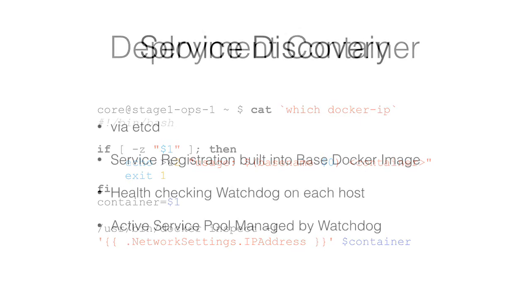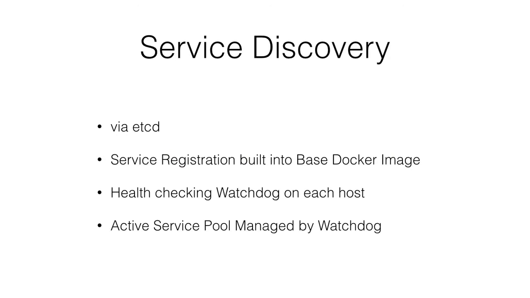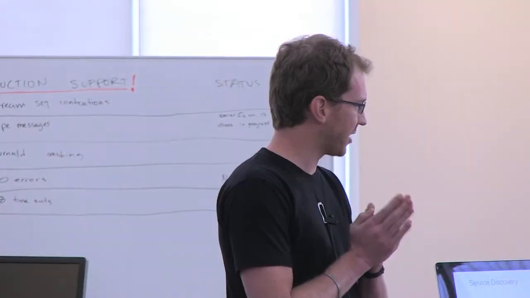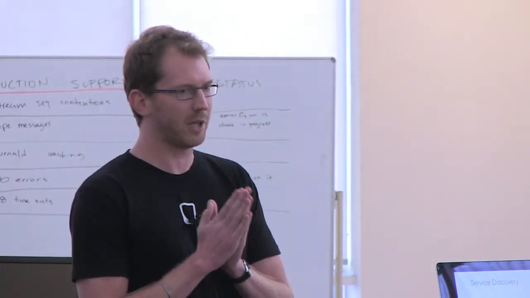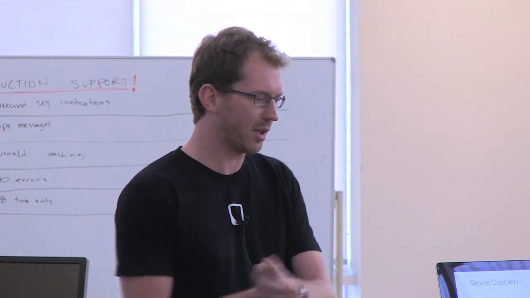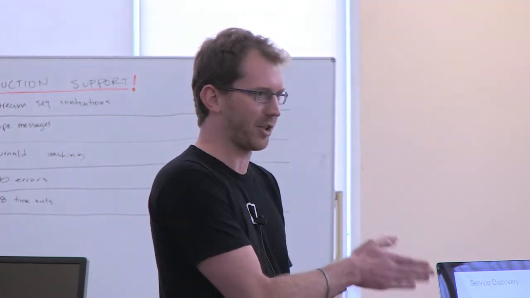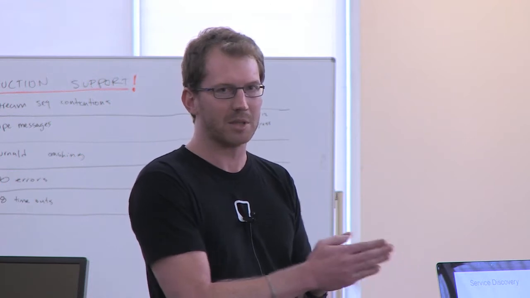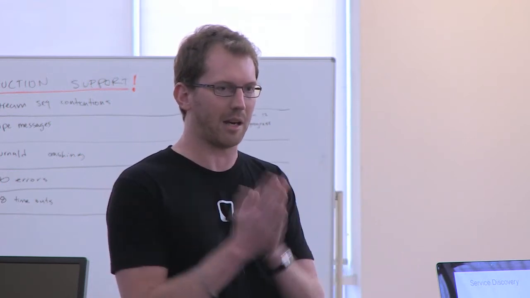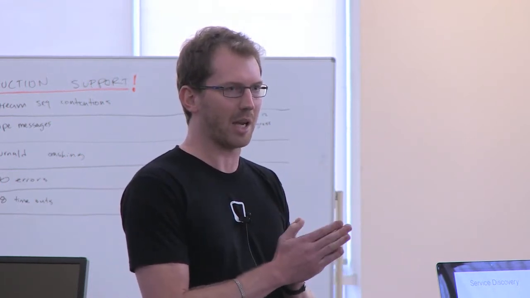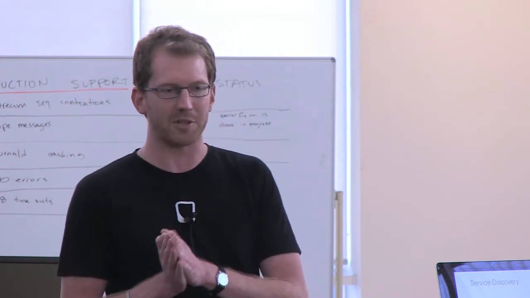So service discovery, everyone's favorite topic. Of course, we're using etcd for that. That's one of the main reasons we're using CoreOS. And it's helpful to talk about the different parts of service discovery. So think of it as service registration, which happens when a service comes up and says, hi, I'm here. This is my name, and these are the ports that I'd like to advertise.